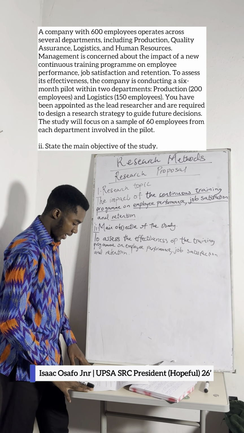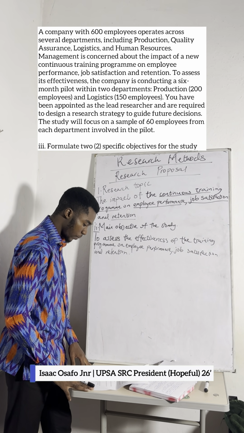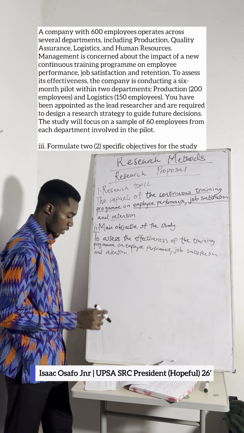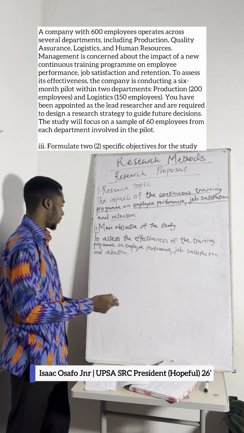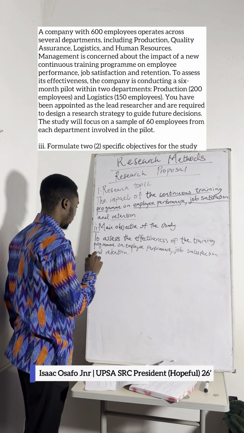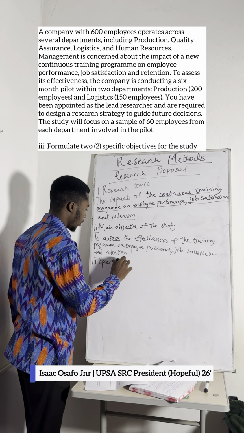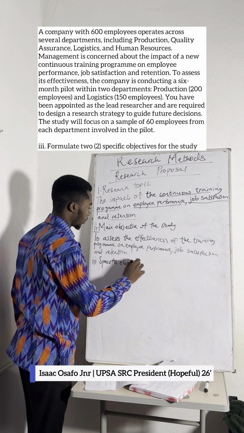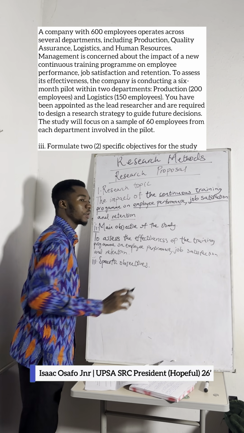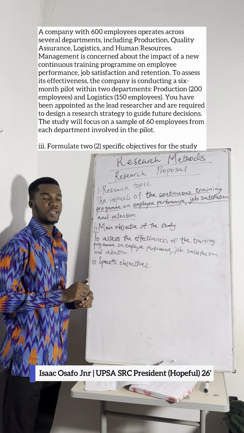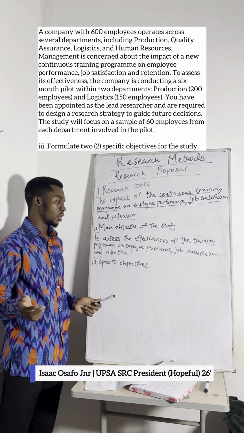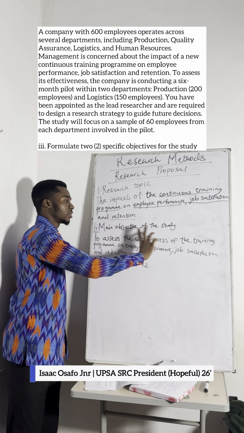Now let's go to the III. So the III says that we should formulate two specific objectives for the study. So now specific objectives. So now when we say specific objective, you are just going to break down the main objectives. Do you get it? So this one, they said two of them. So just break this one down into two.